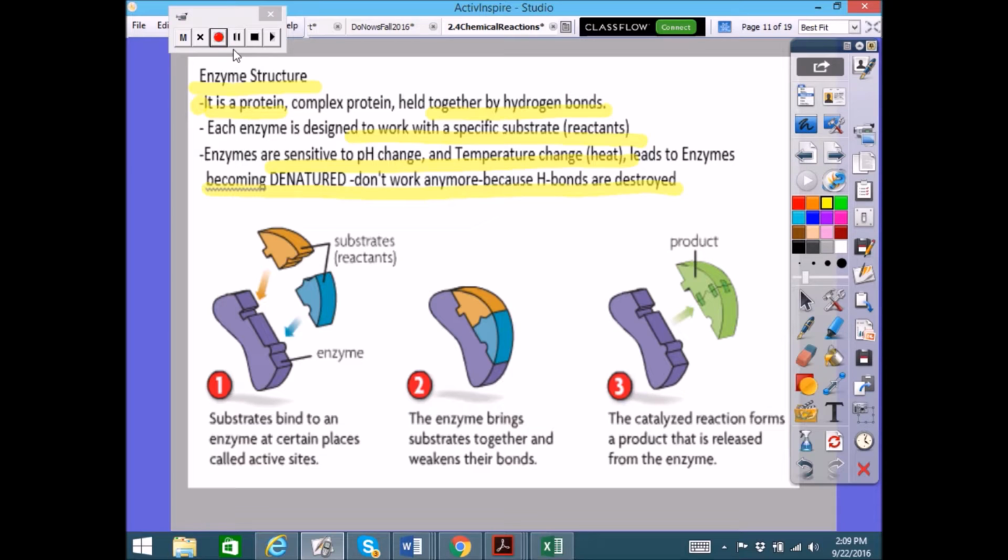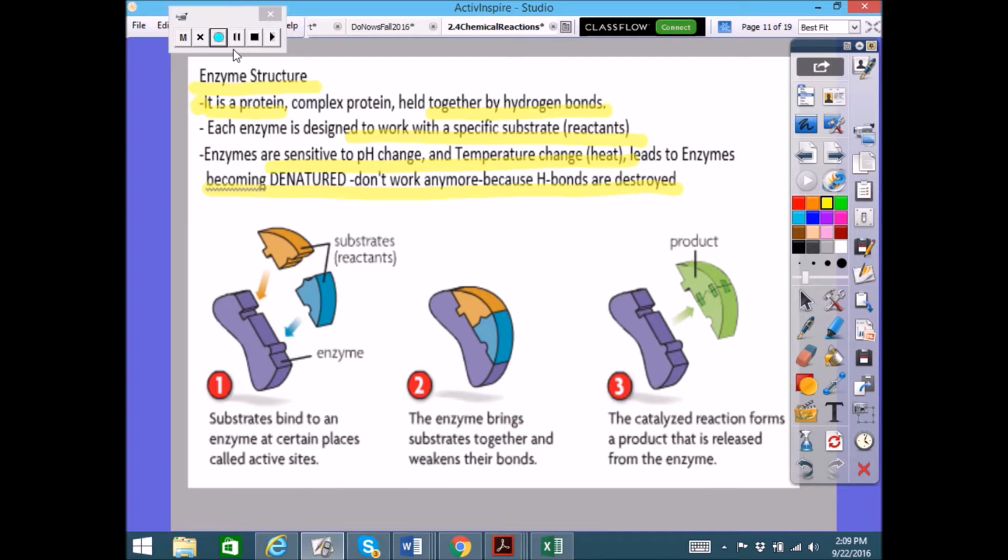However, if they've been designed to work in your stomach at a pH of 2, which is very acidic, they're not going to be able to work in an environment that's basic. They will denature. Denature is an important vocabulary word, and it means that once they get into the wrong environment, they unfold. Because they're proteins, they're folded, they unfold and they can't work anymore.